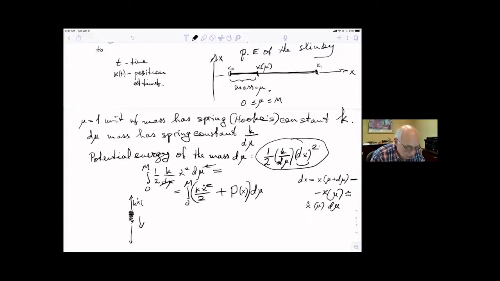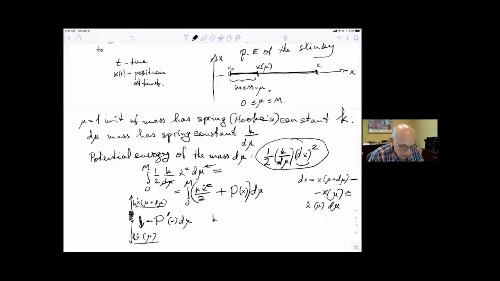And the force down is x dot at mu times k. And the gravity is the force that would be acting on the unit mass, which is the potential energy differentiated at x, but the mass we have is d mu, it's small. So these three forces have to be in equilibrium. So if I write this minus this plus this is zero.